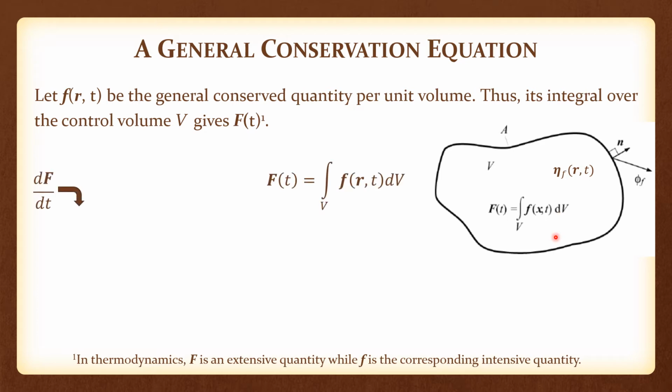So what causes dF by dt? What causes the rate of change of this quantity that is conserved?